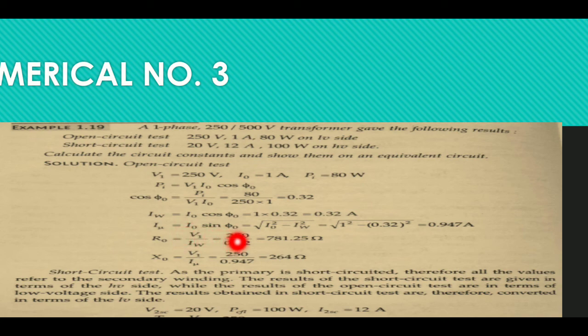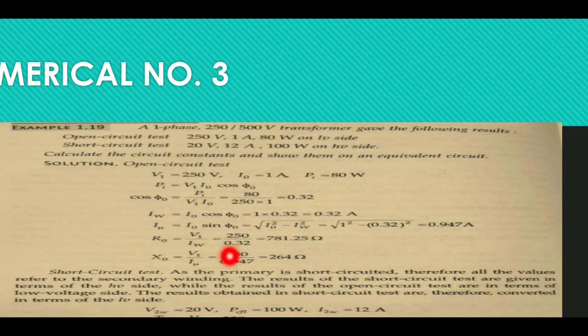So I mu equals the square root of I0 square minus IW square, equals the square root of 1 square minus 0.32 square, equals 0.947 ampere. And R0 equals V1 by IW, that is 250 by 0.32.